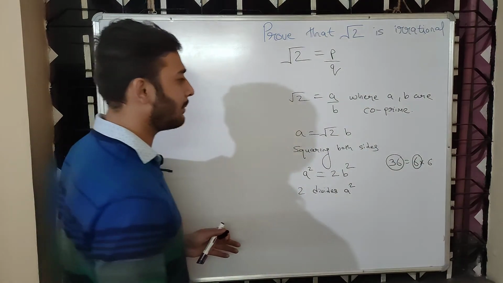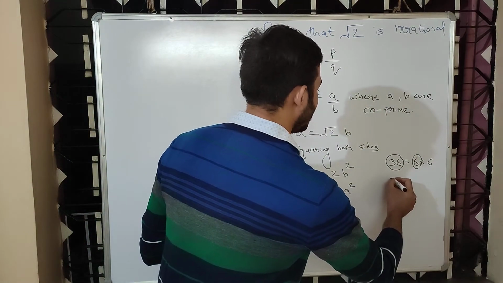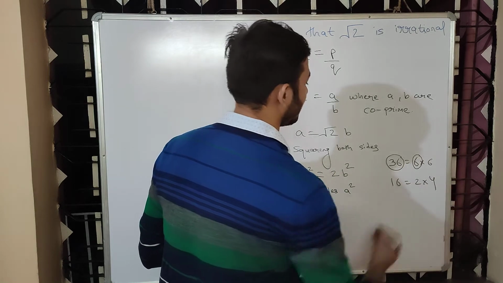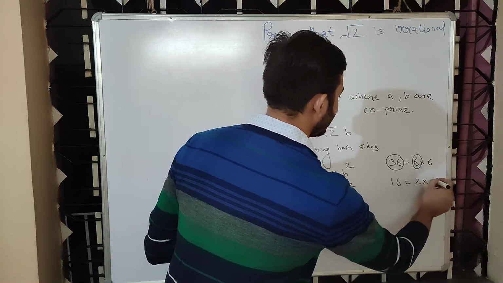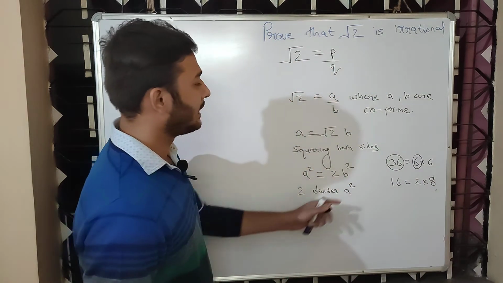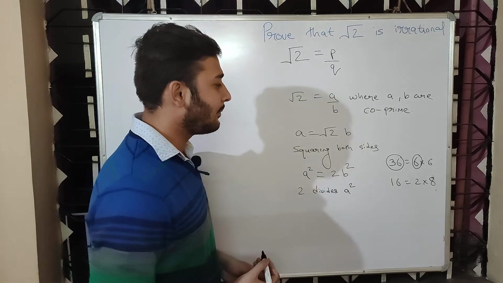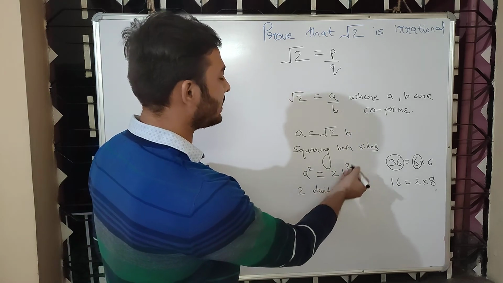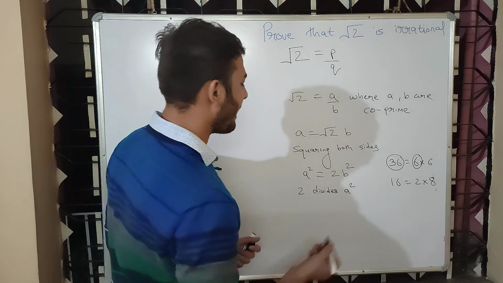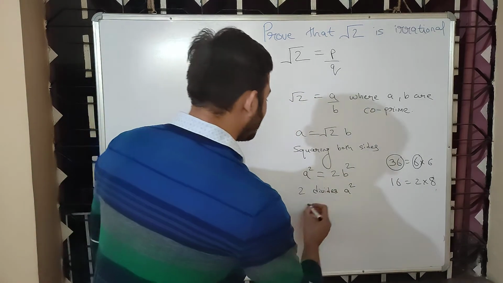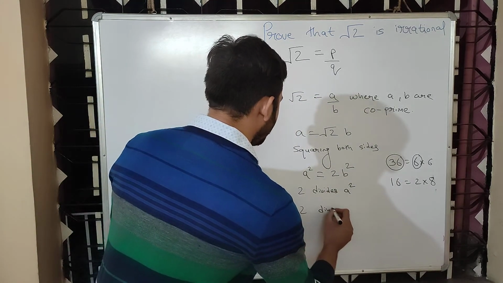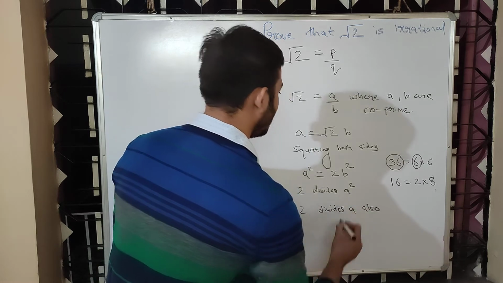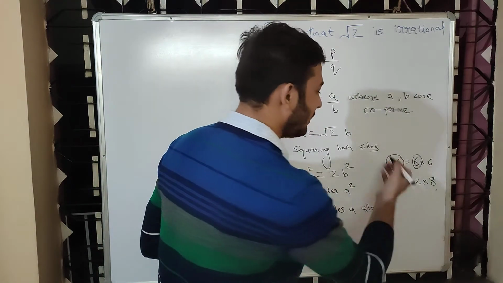Or say if I am able to write 16 as 2 into 8, it means 2 divides 16. Similarly, a square equal to 2 b square means 2 divides a square. Now if 2 divides a square, 2 will divide a also.